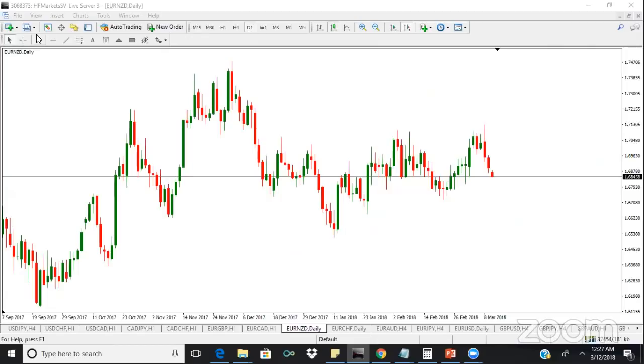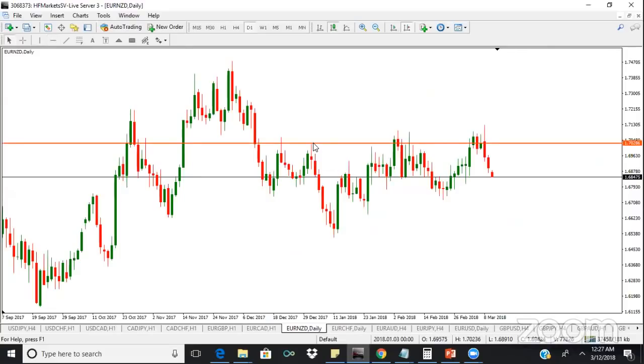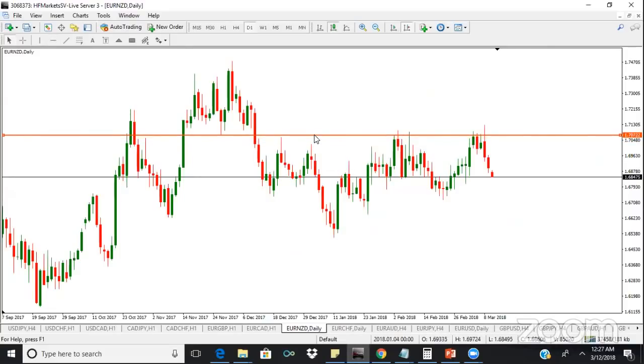So daily. You go to daily, Euro NZD. You draw this. You can see support, resistance, resistance. So this is how the market behaves, guys. Support, support, resistance. What do I see here?